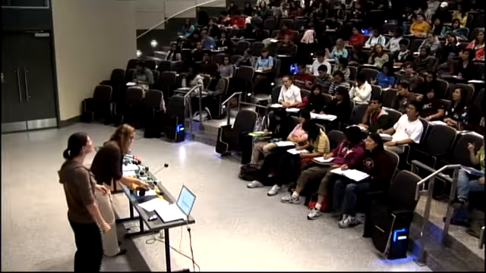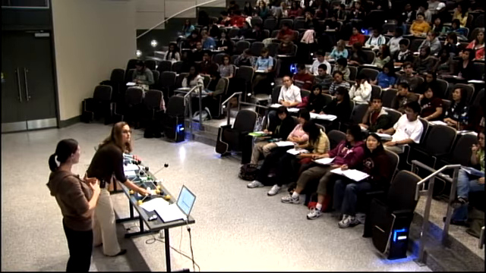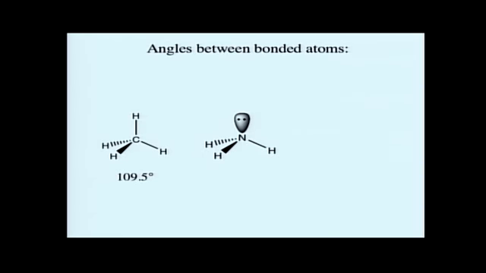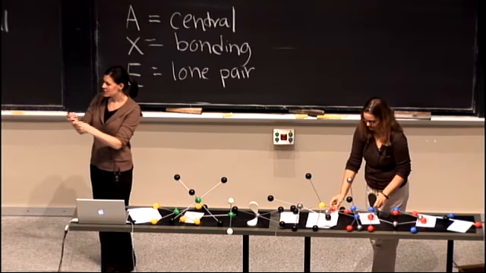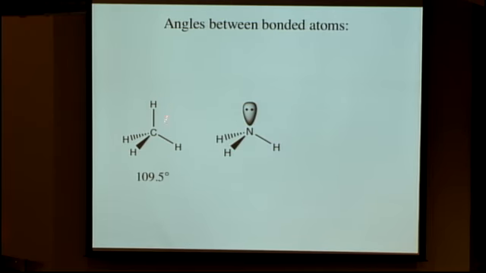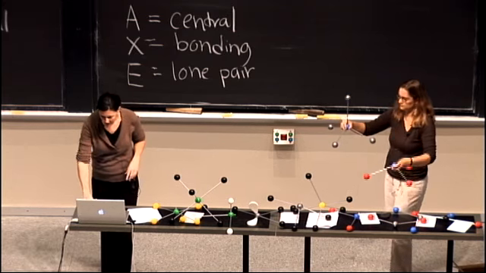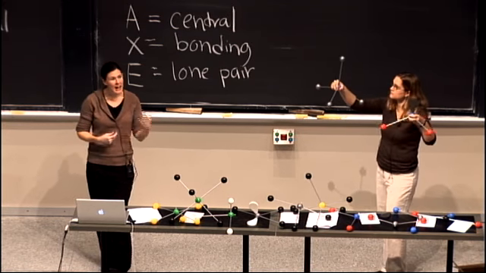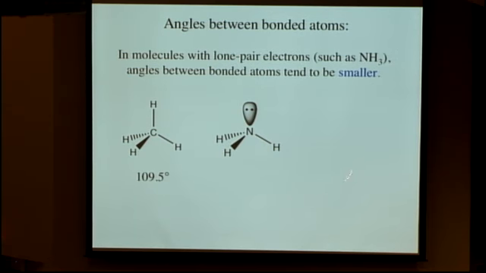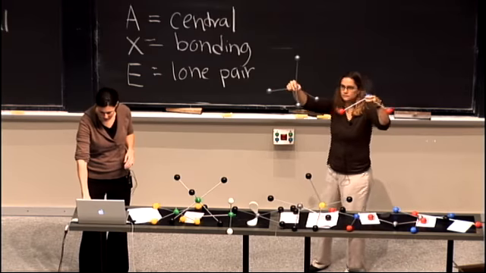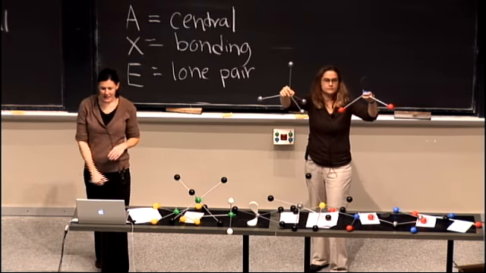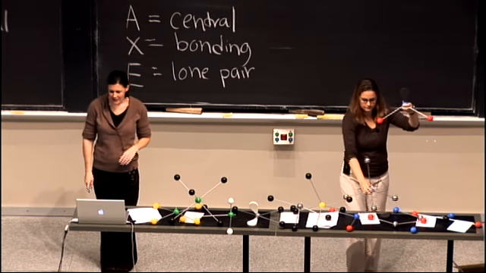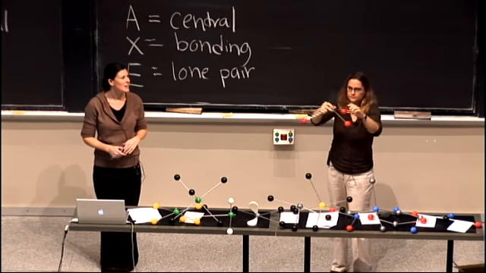All right, so let's talk a little bit now about what the actual angles are between bonds when we have these lone pairs present. And remember, what we said is when we have a lone pair of electrons, they actually are going to have more repulsion than if we just have a CH bond or a bonded pair of electrons. So for example, if we look at NH3 or ammonia versus methane here, and Professor Drennan is showing those models to you, what you end up seeing is that the bonding angle in NH3 between the NH bonds is smaller.